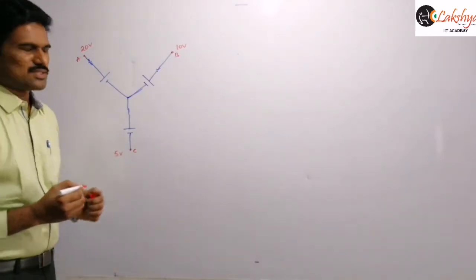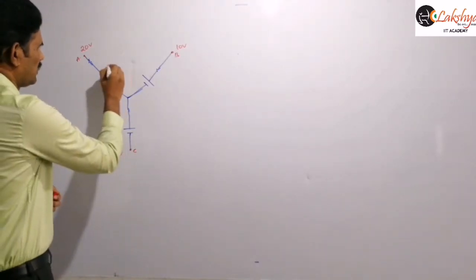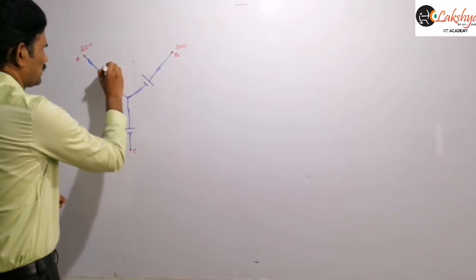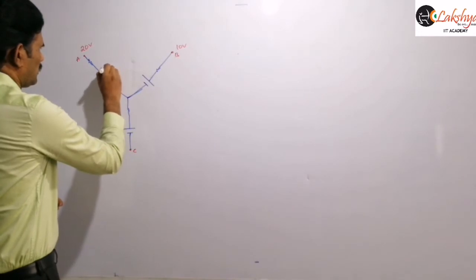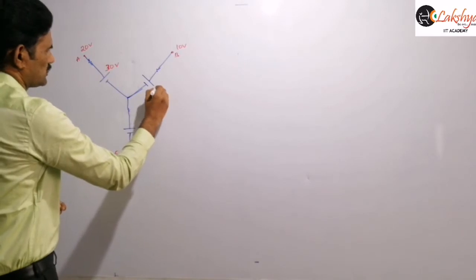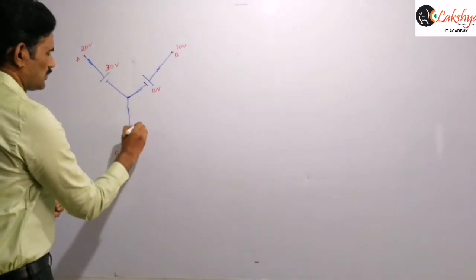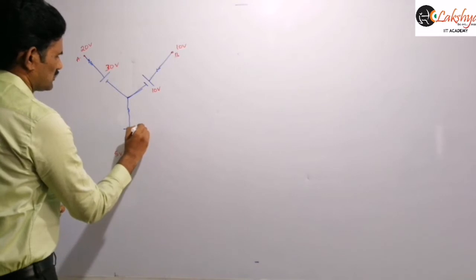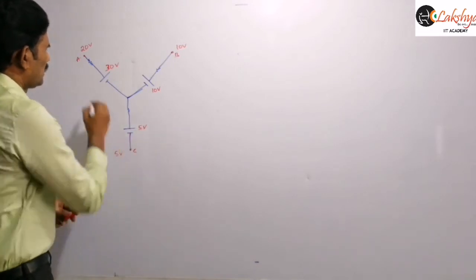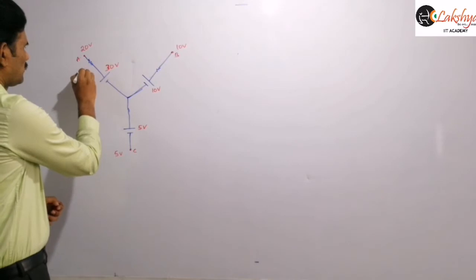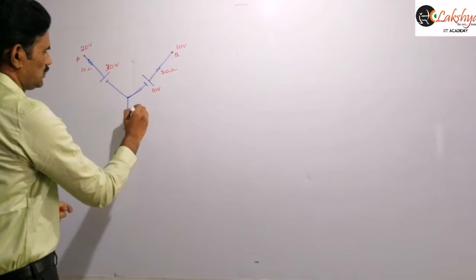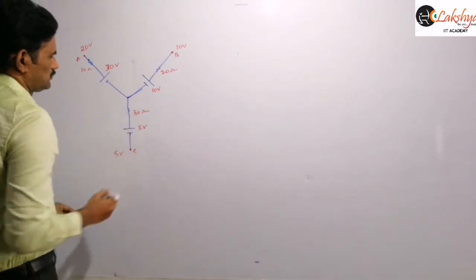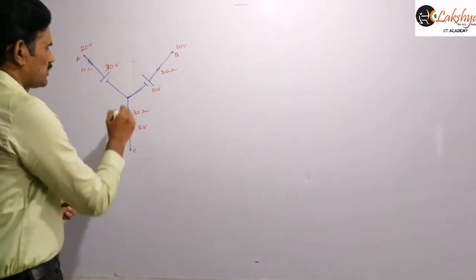Now let us take the EMFs as I am giving: this is 30 volts, this is 10 volts, and this is 5 volts, and the resistances are 10 ohm, 20 ohm and 30 ohm, and this is the point O here.